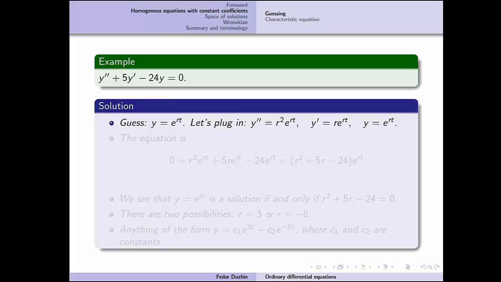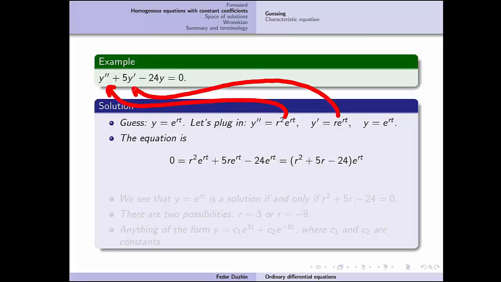Then we can calculate y prime and y double prime, and substitute this into the original differential equation. What we did here is we take the expression for y double prime and plug it in as y double prime, then plug in y prime and y. So that's what we did.